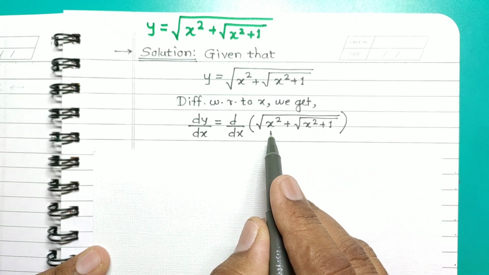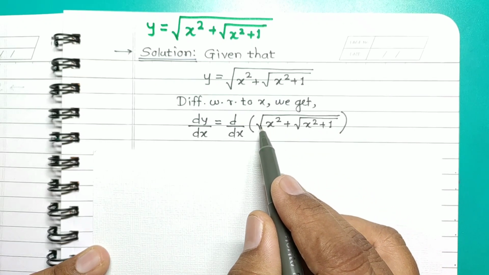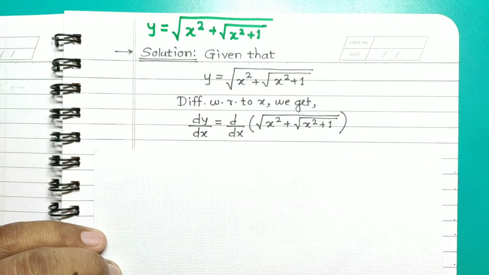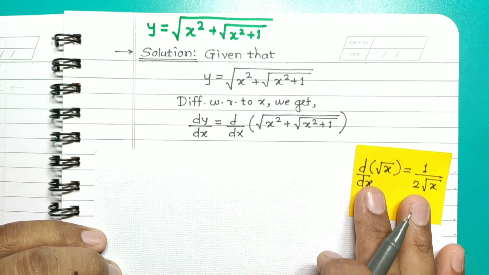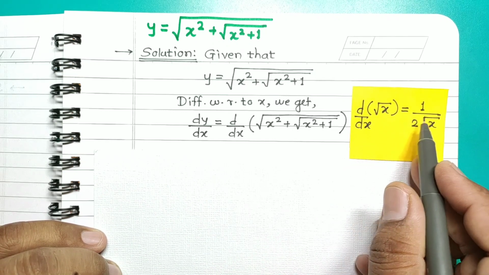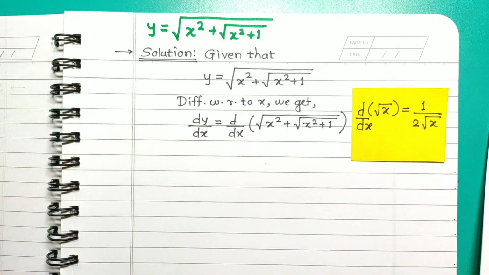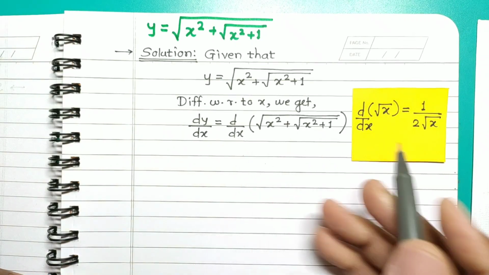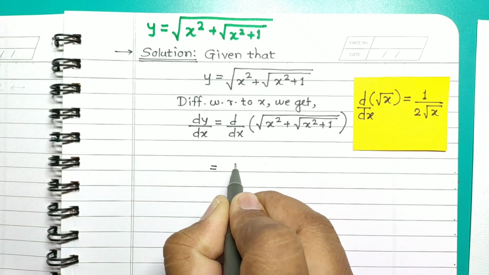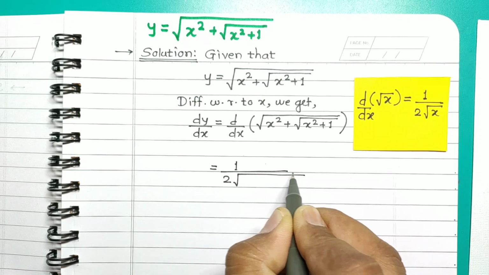We observe that it is a composite function and we are going to treat it as root of something. And we have the standard form for root x. Derivative of root x is 1 upon 2 root x. So derivative of root of something is 1 upon 2 into root of something.